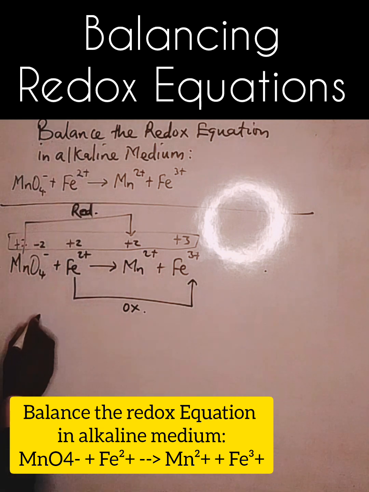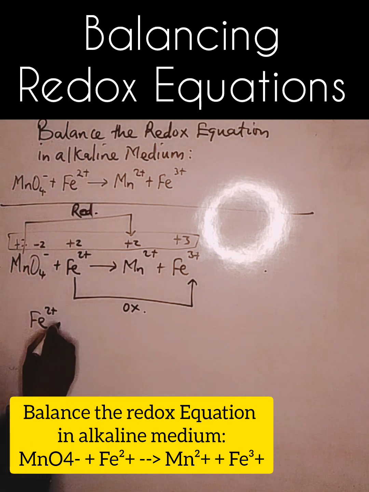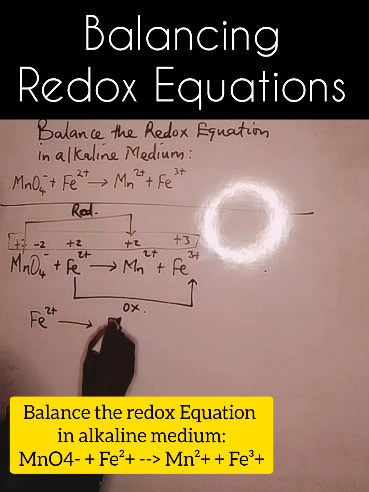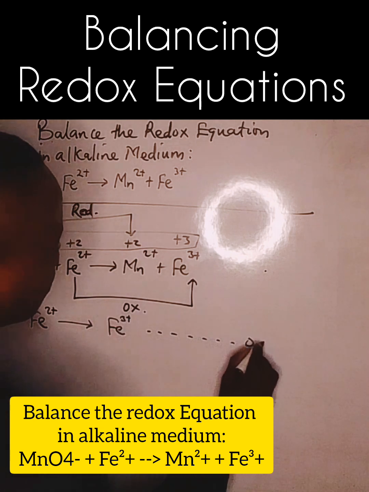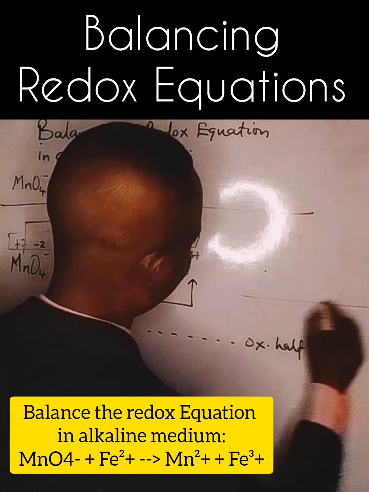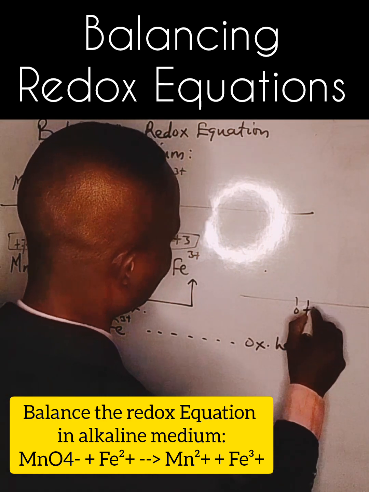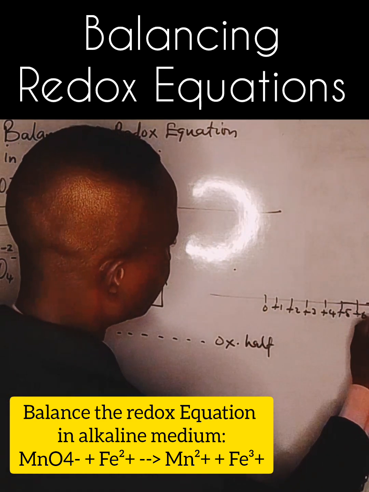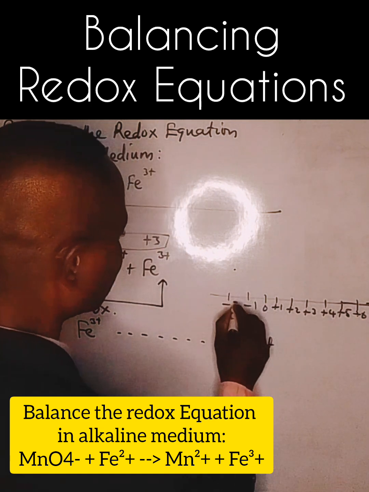Through this, we can now split this redox equation into two halves. Oxidation half is this: Fe2+ to afford Fe3+. This is oxidation half. And on the number line, we have 0, +1, +6, +7, -1, -2.